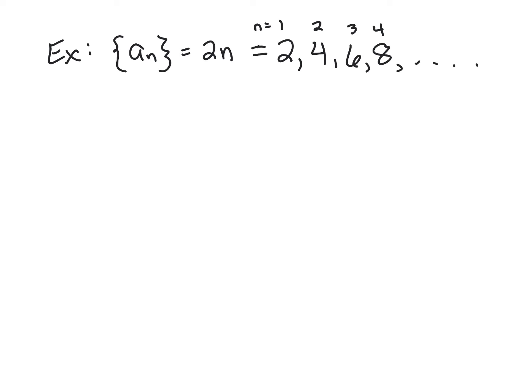And this, as a matter of fact, is considered an arithmetic sequence because from one term to the next, from here to here, for instance, you've added 2. From here to here, you've added 2. From here to here, you've added 2. So you see the pattern that from one term to the next, you've added 2. That makes it arithmetic.